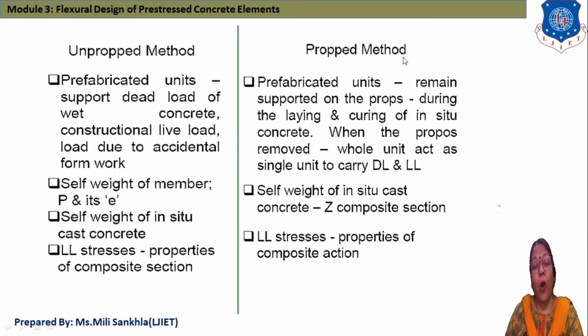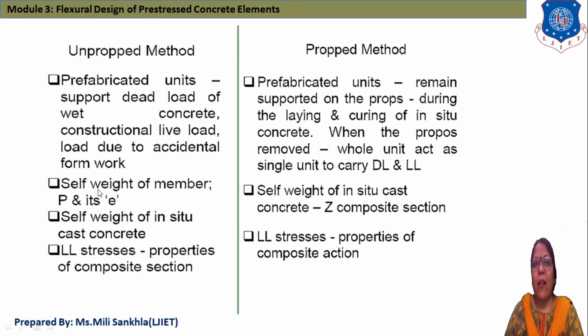Now in the propped method, the prefabricated unit remains supported on props, and during the laying and curing of cast in situ concrete, when the props are removed, the whole unit acts as a single unit to carry dead load and live load. Okay, this one is the phenomenon of the prop, and the other one is the unpropped method.